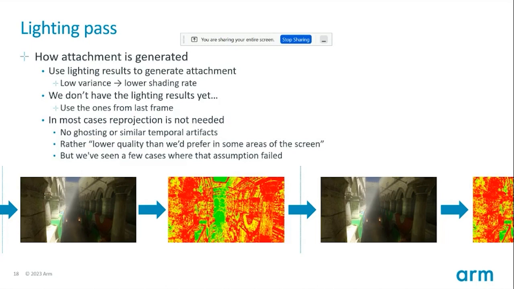Lower quality is also usually not an issue, as it quickly self-corrects for the next frame, and it's not usually noticeable. But there are a few cases where we've been able to notice it, but for the most part, reprojection is not needed. And when it is noticeable, usually just upping the quality, say limiting yourself to only using 2x2 as the maximum shading rate, is usually enough.